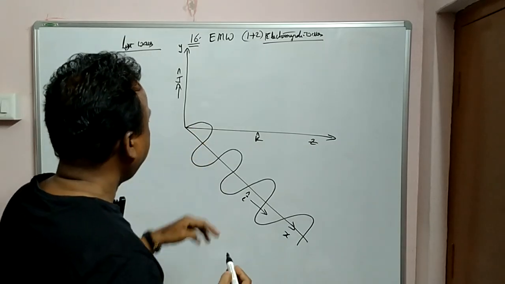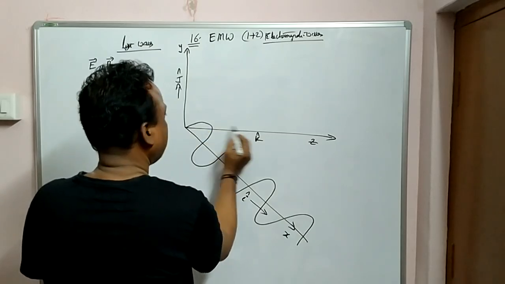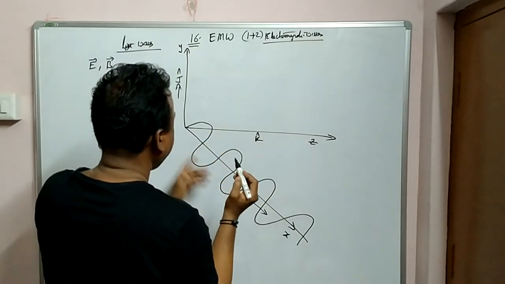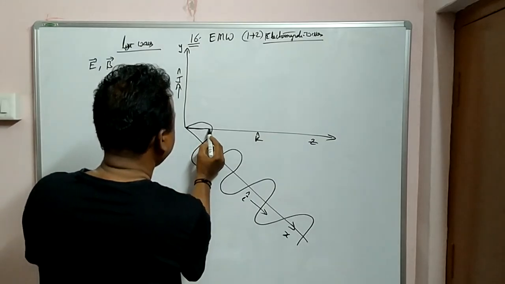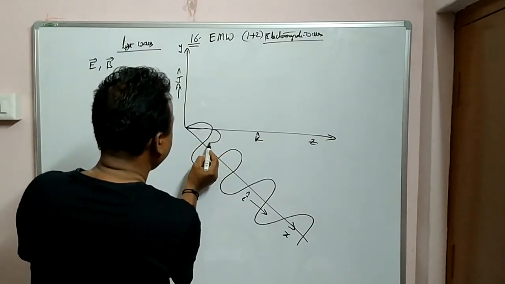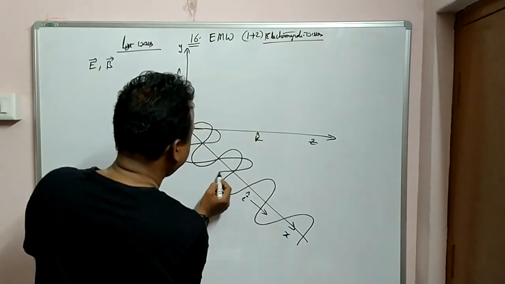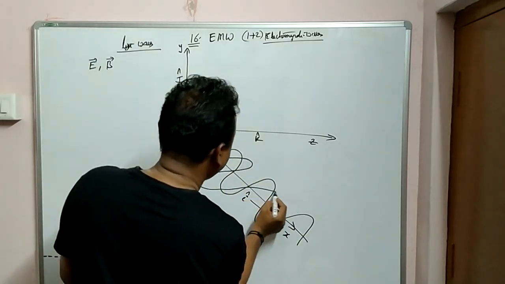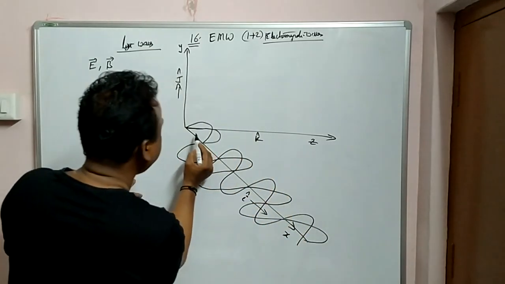If you observe carefully, this is the y direction and this is the x direction. And now see this one. This is the magnetic field direction, please.